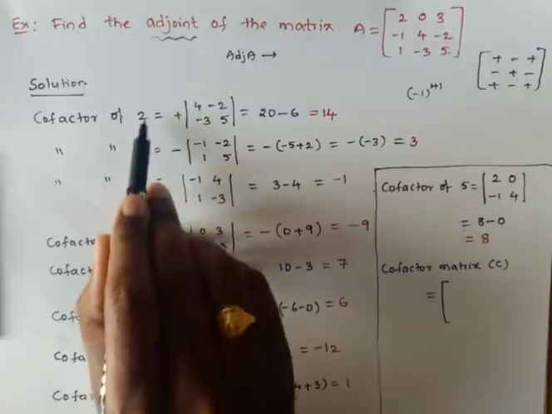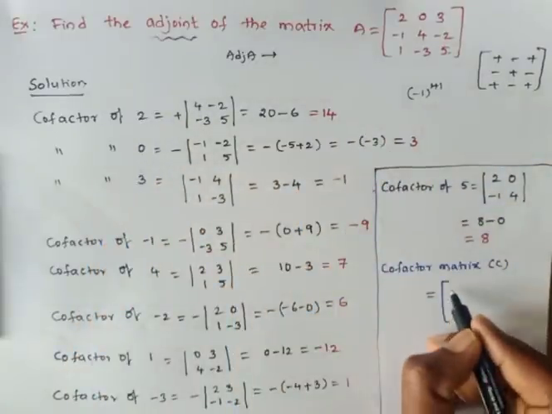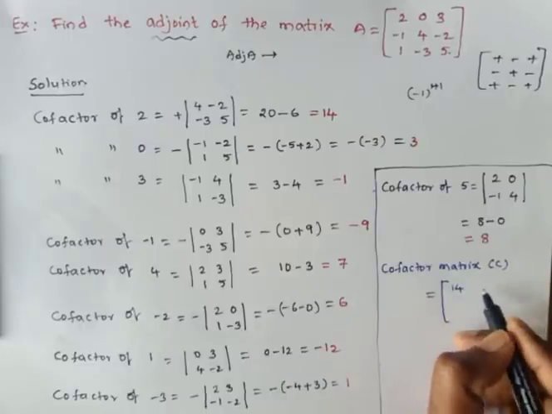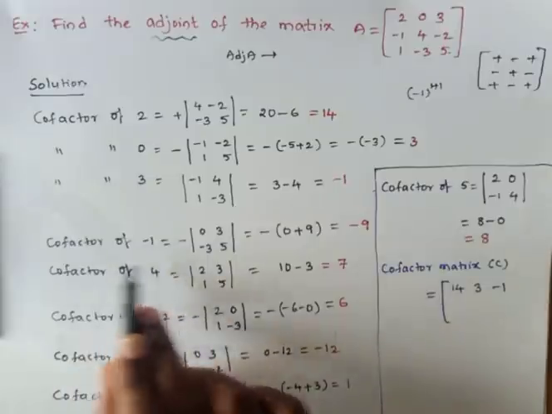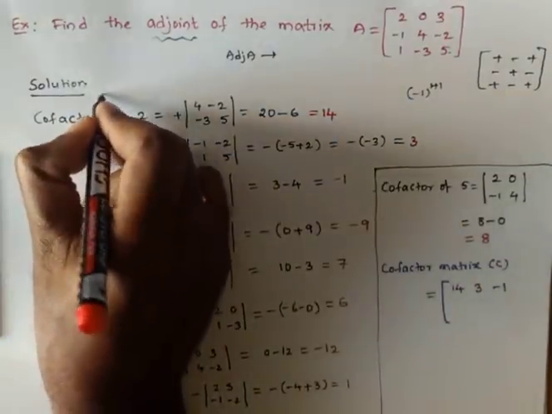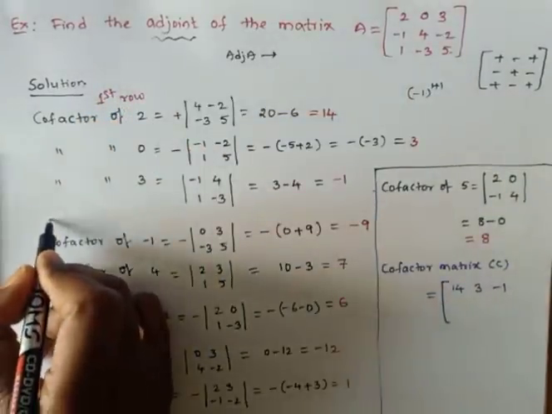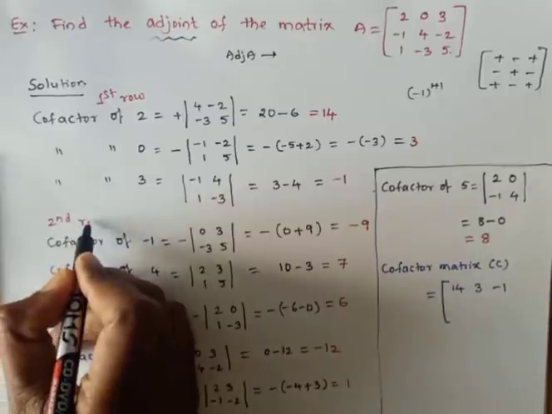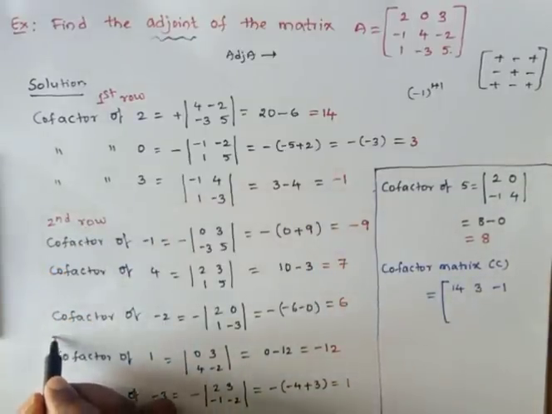The first row elements 2, 0, 3 have corresponding cofactors 14, 3, minus 1, and the second row elements have cofactors minus 9, 7, 6. So these are the first row cofactors, and these are the second row cofactors, and next the third row.